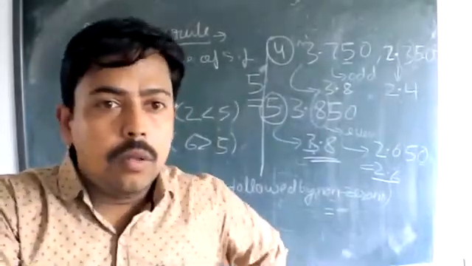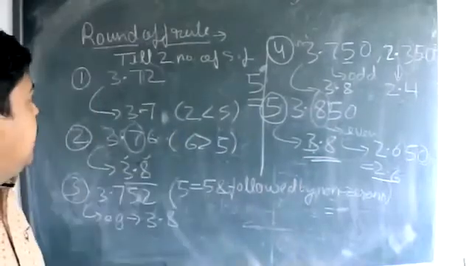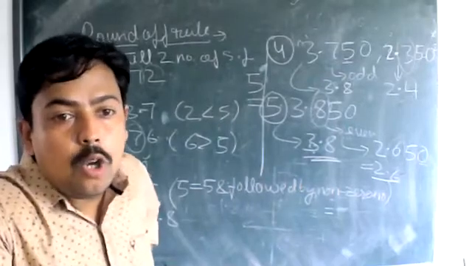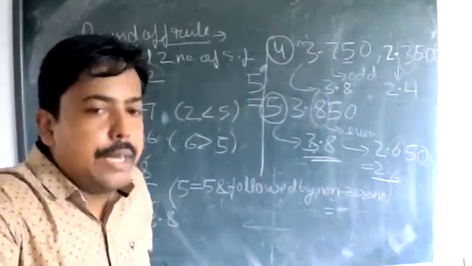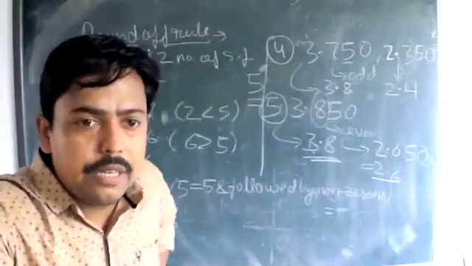Now let's talk something more about that. What will be the case if we do the multiplication of two significant figures, and what will be the case if we do addition or subtraction of two or more than two significant figures?